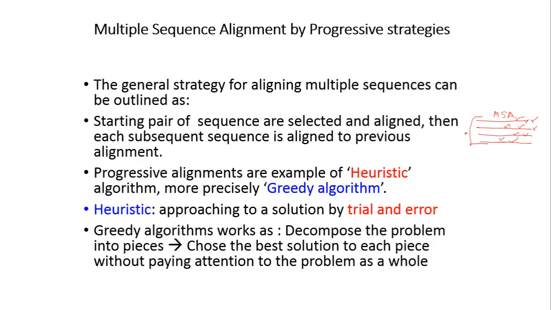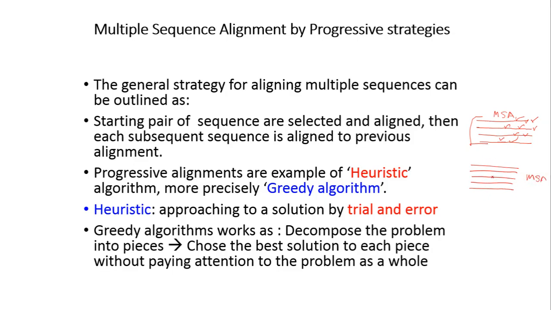Now, talking about greedy algorithms, you can consider a greedy algorithm as a methodology in which you decompose the problem into small pieces and then choose the best solution to each small piece without paying attention to the problem as a whole. What I mean is, for example, you have been provided with a few sequences, and your big problem is to find the multiple sequence alignment of these sequences.